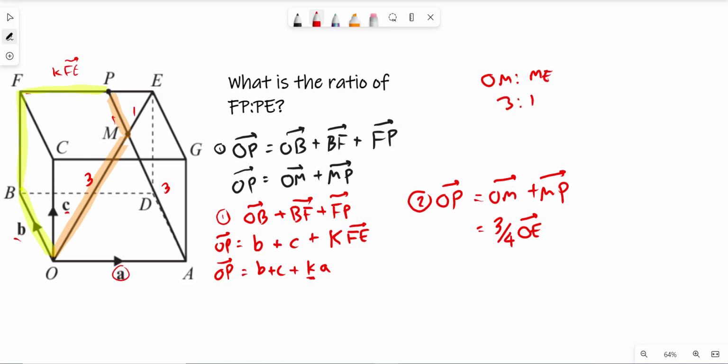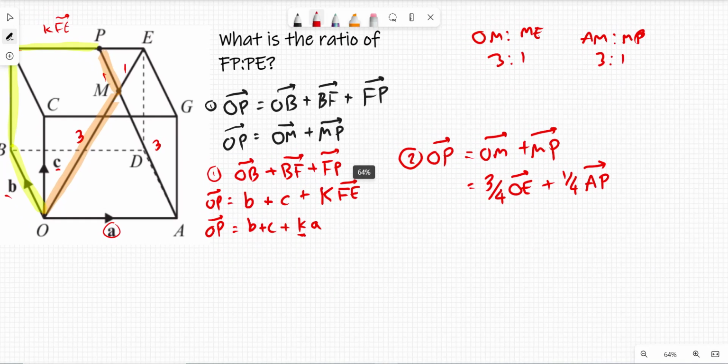And we actually get given that in the question. So OM is 3/4 of the whole journey OE. Similarly, MP is 1/4 of the journey AP, because we get told in the question that AM to MP is also 3 to 1.